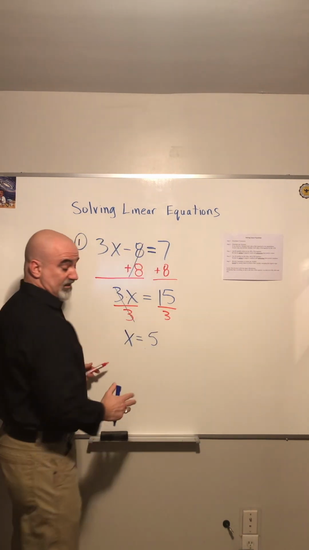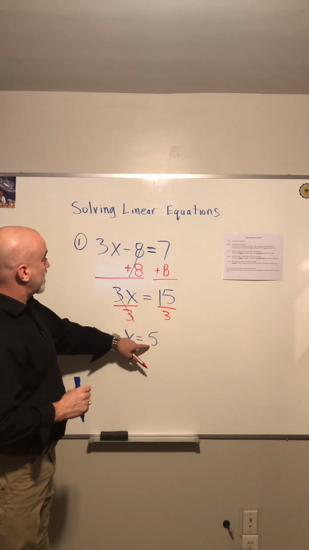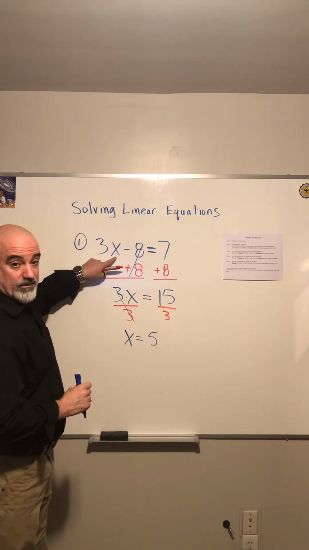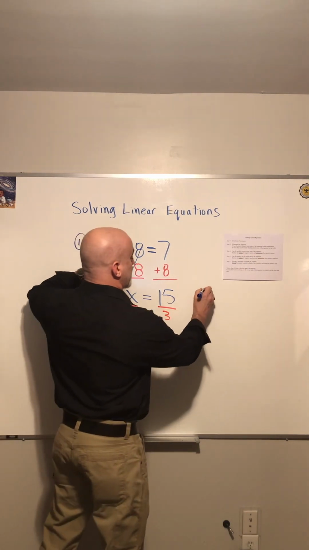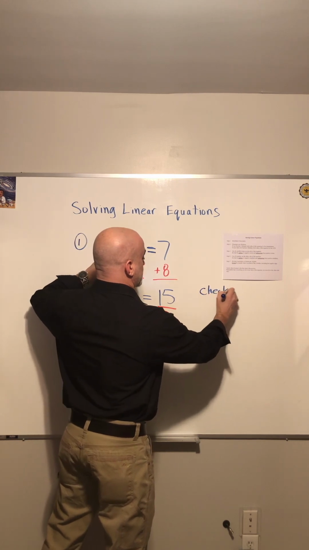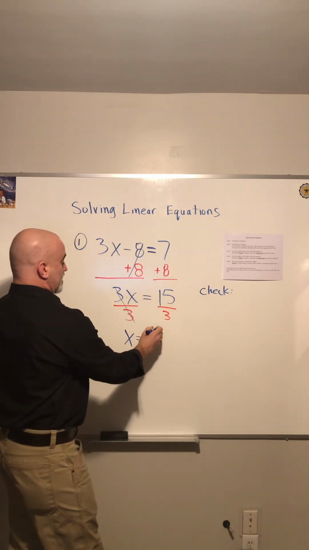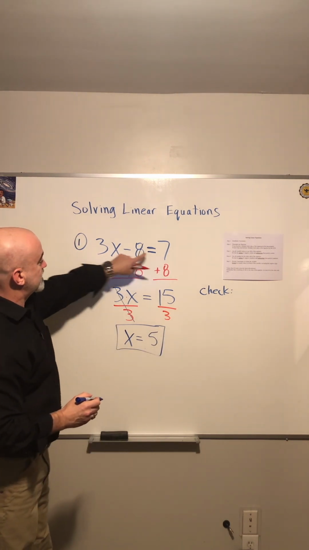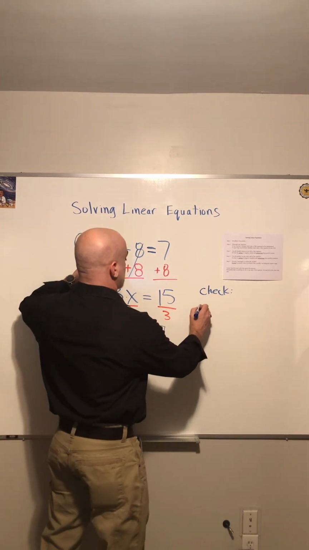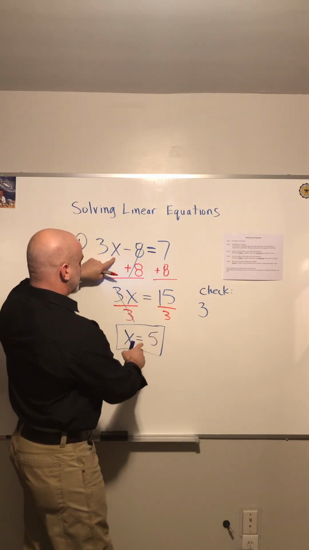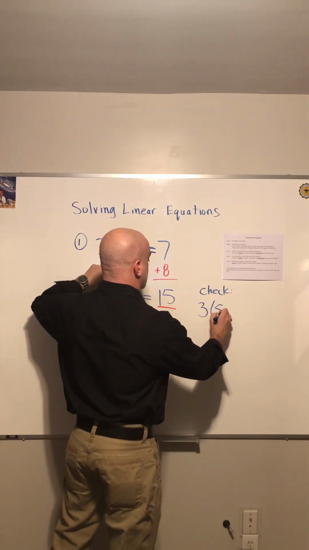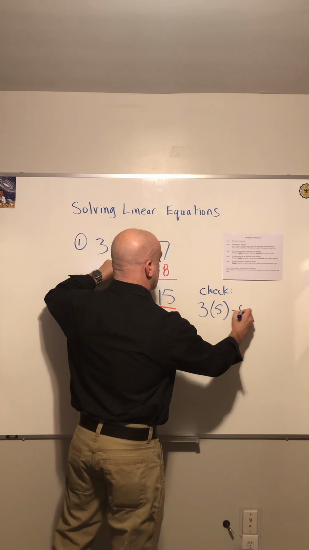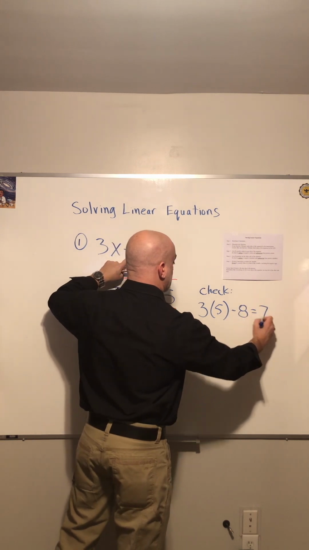And we could always check it. If we wanted to check, we could just plug in 5 back in here and see if it works. So let's just check just to see. I'm going to see, okay, if I'm saying x equals 5. So if I plug in a 5 for x, will this work? Well, instead of 3 times x, I'll have 3 times 5 minus 8 equals 7.